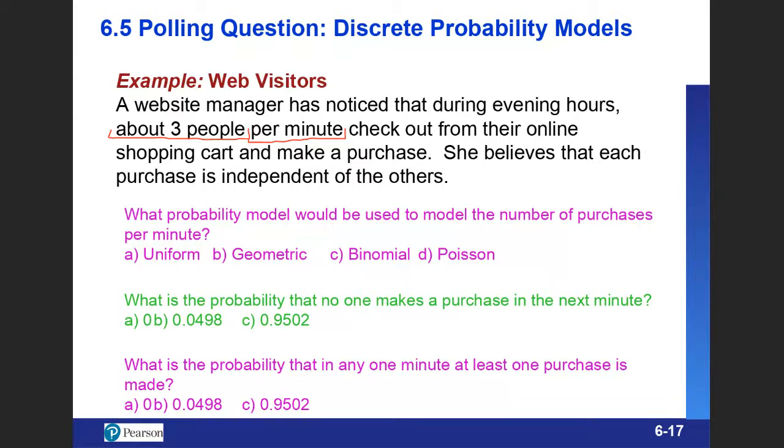The question also says she believes that each purchase is independent of the others. Now, why do we need to know that? What does that mean, each purchase is independent of the others? No bias. Okay, if there's no bias, what exactly does that mean?